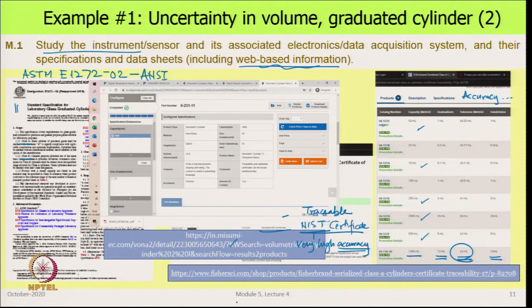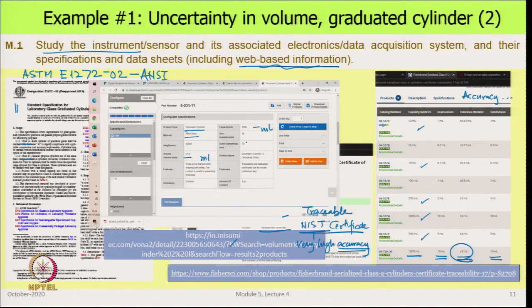This is from another manufacturer. Here they have said volumetric cylinder, hard glass, this is height, then volume tolerance plus minus 5, capacity 1000. So, this is all in milliliters.